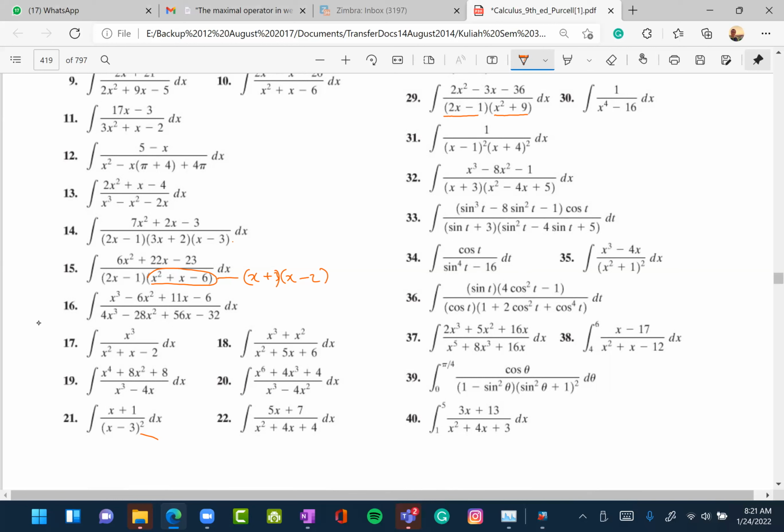So it's quadratic factors, power 1 here. So this one should get to x minus 1a plus, but because this is a quadratic, then you should get something like this.